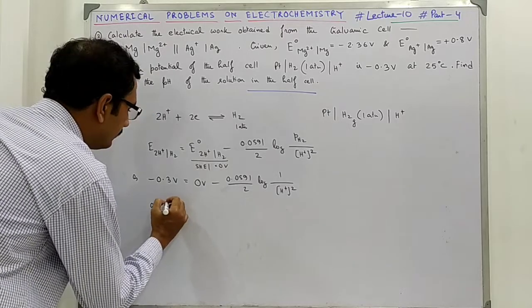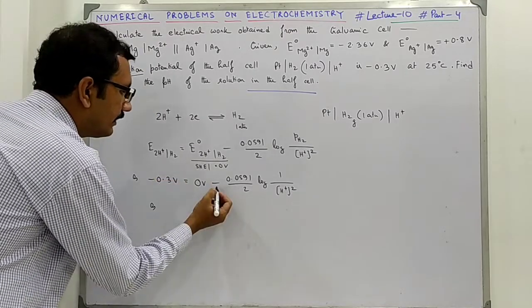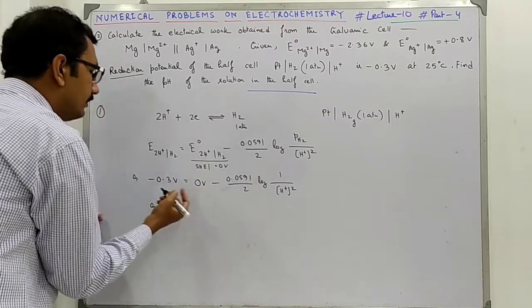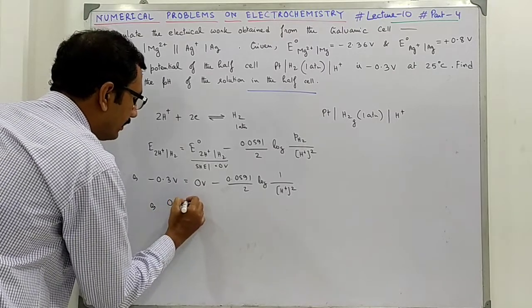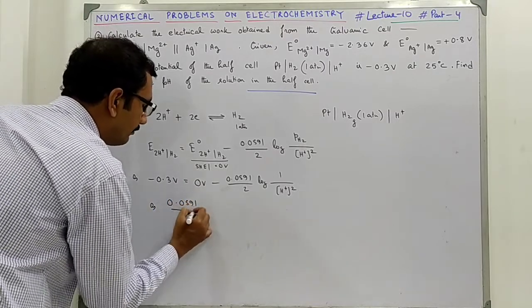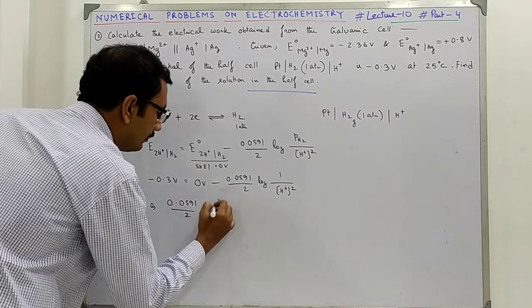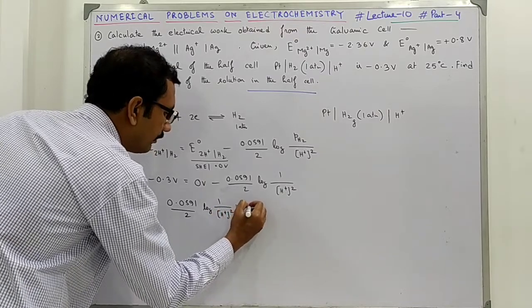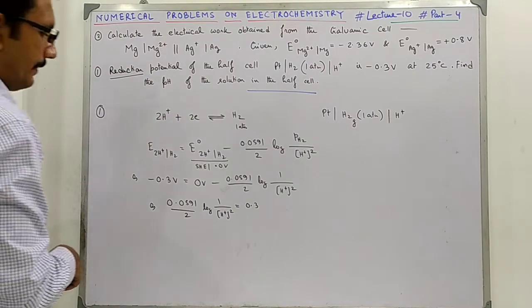Let us take this to the right hand side and this unit to the left hand side, or rather multiply it by minus 1, no problem. So, it is 0.0591 by 2 log 1 by H+ squared equals 0.3.